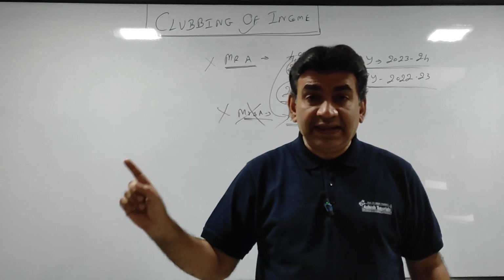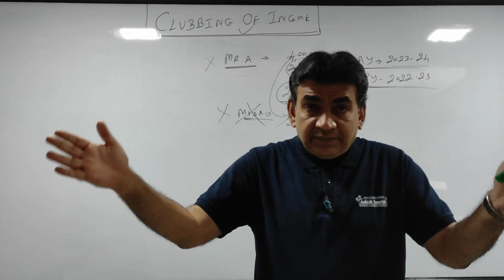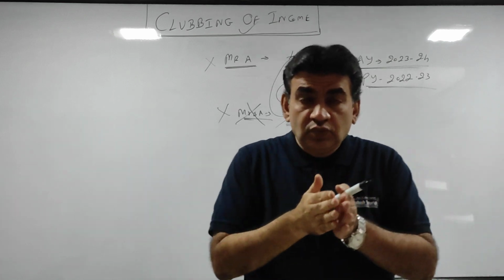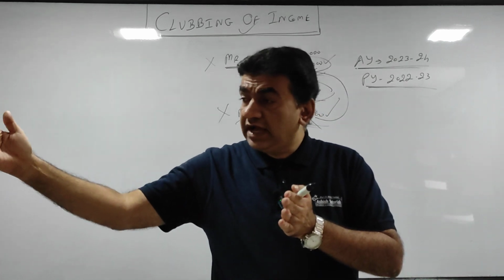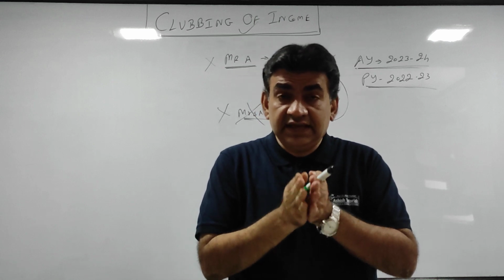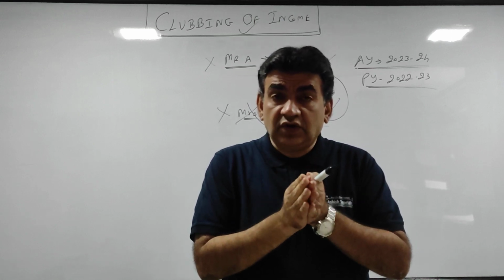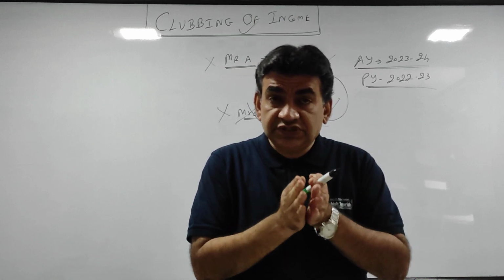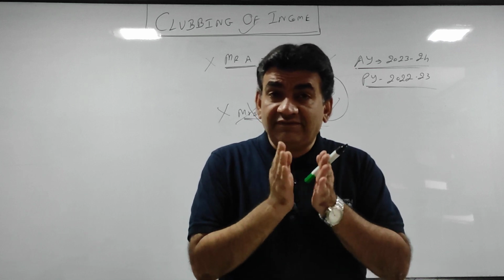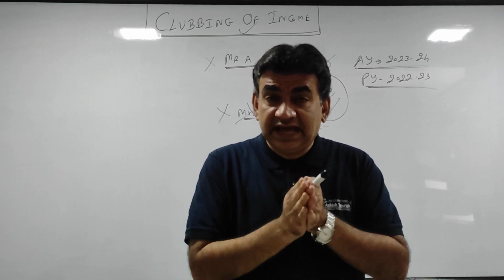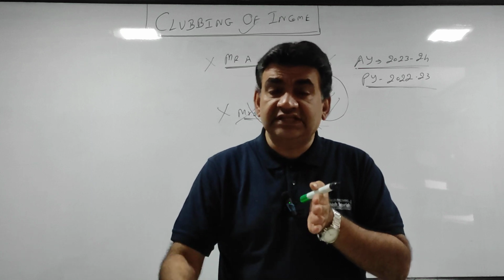So clubbing मतलब क्लब करना. तुम्हारे में किसी और का income क्लब हो सकता है अगर you are a part of that provisions, the rules apply to you, or you have made some transfer directly or indirectly. वो क्या होता है? We'll see in some time.